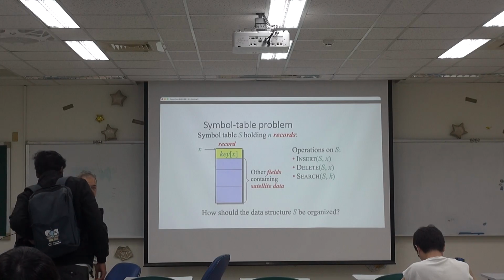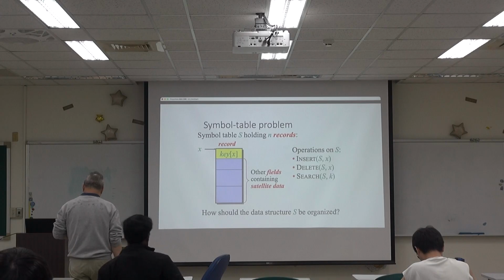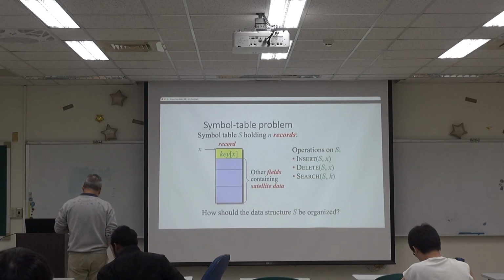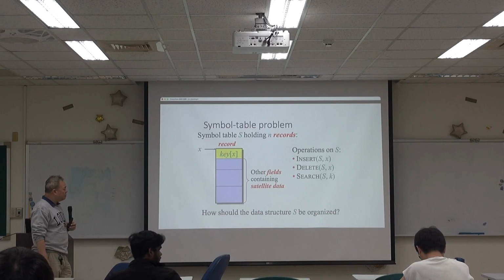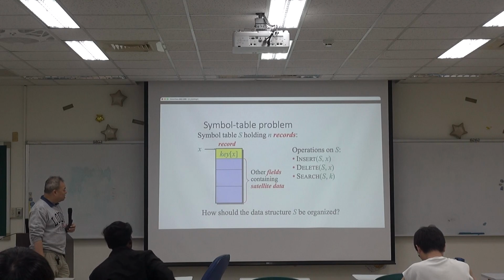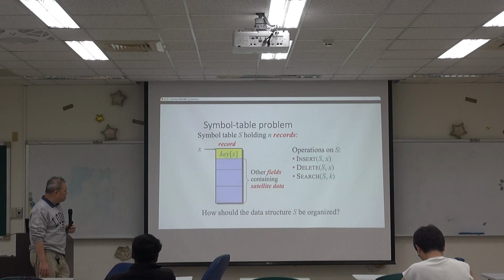If you still remember, we also talked about heap, right? In a heap, the insert and the delete can be done quite efficiently, basically log n. And the search is a little bit tricky. We usually do not consider search in a heap data structure, so the worst case could be linear.